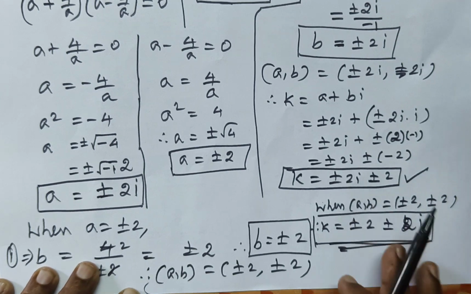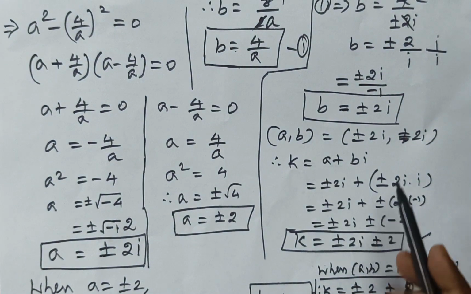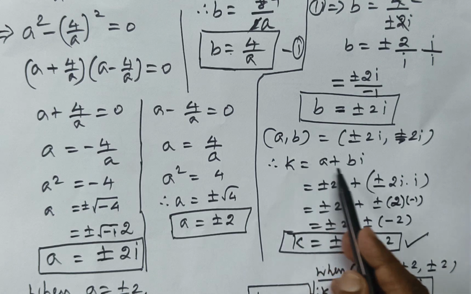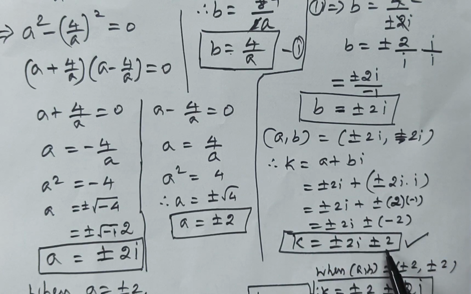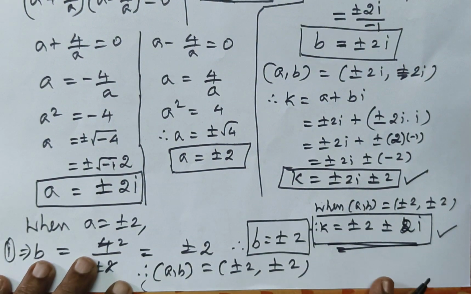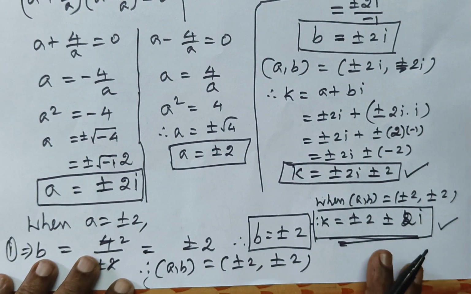When a, b is plus or minus 2i, k is equal to plus or minus 2i plus or minus 2. That's all. These are the two solutions for the value k.